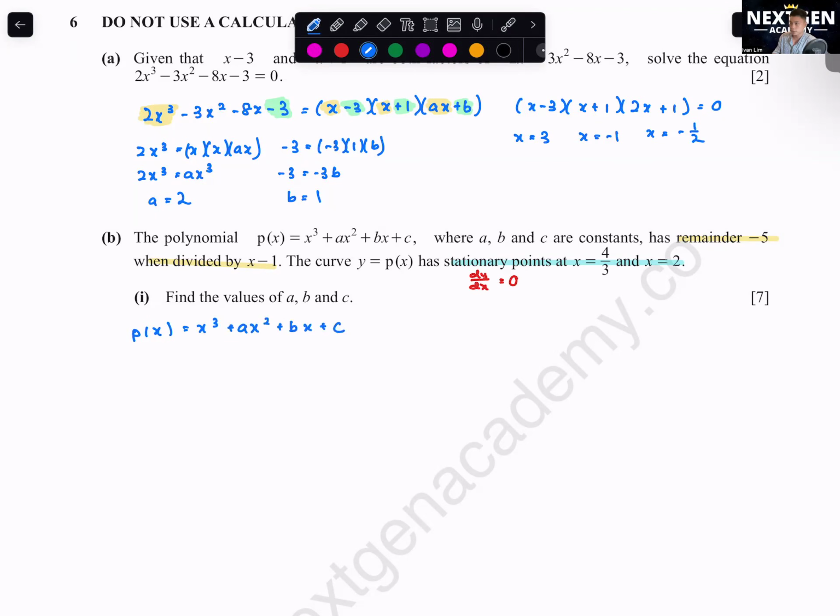The statement means P(1) equals negative 5. So 1 cubed plus a times 1 squared plus b times 1 plus c equals negative 5. We rearrange: a plus b plus c equals negative 5 minus 1. The 1 cubed we bring to the right-hand side, you get negative 6. So this will be the first equation.